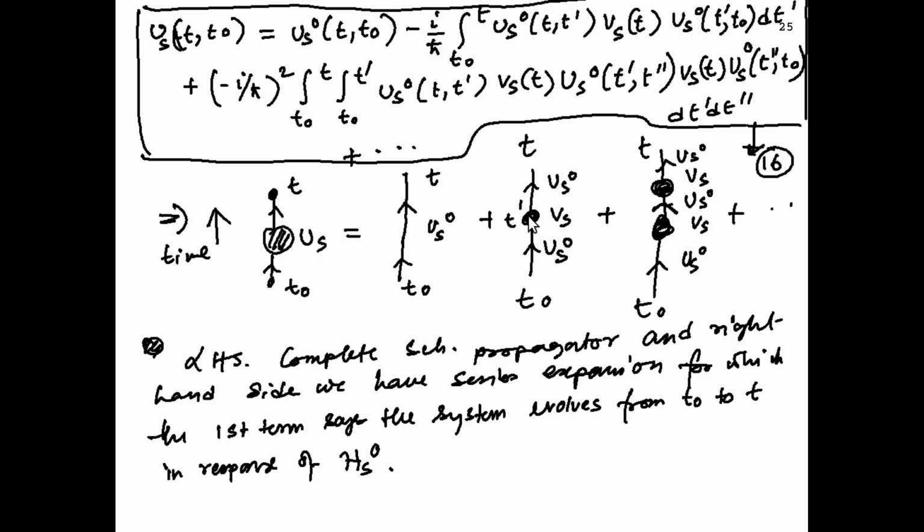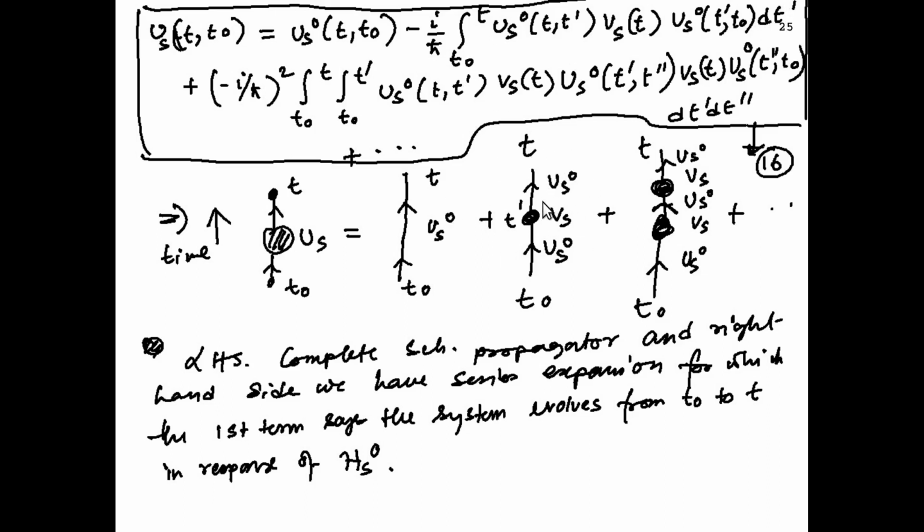Then you go from t prime to t by another propagator U_S0, which is again evolution by H0. Now this intermediate time t prime can be any time between t0 and t, so you integrate over that whole thing. That is this dt prime, and the integration goes from t0 to t, which is the maximum range. So that's the interpretation of this term.